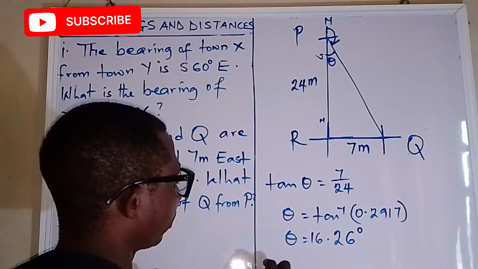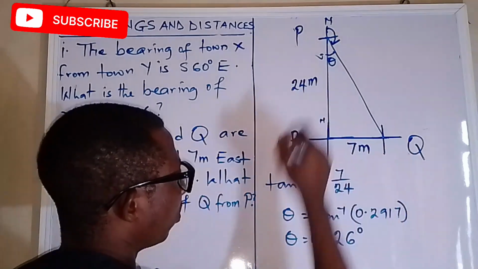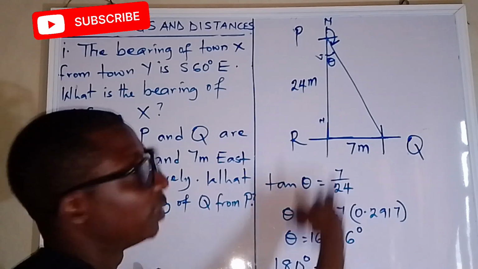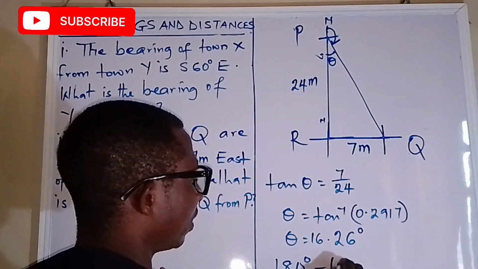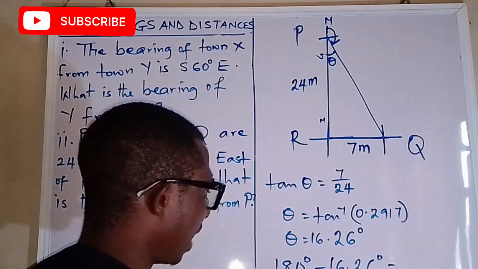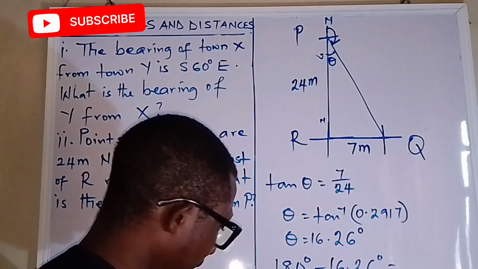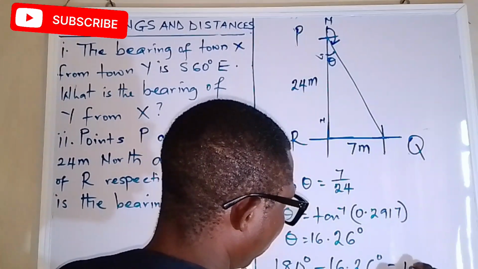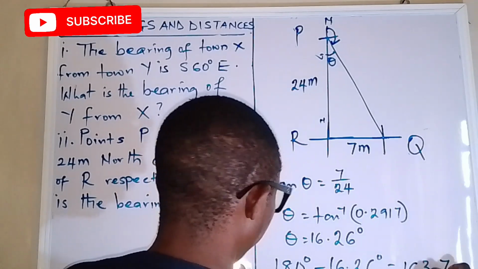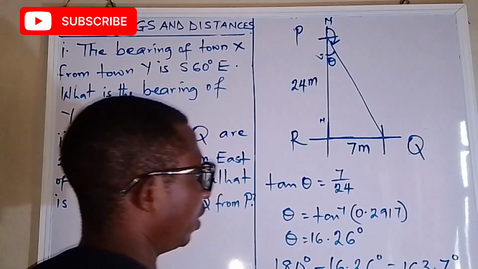So the bearing of Q from P will be 180 degrees minus this small angle we have here, 16.26 degrees, and that gives you 163.7 degrees.